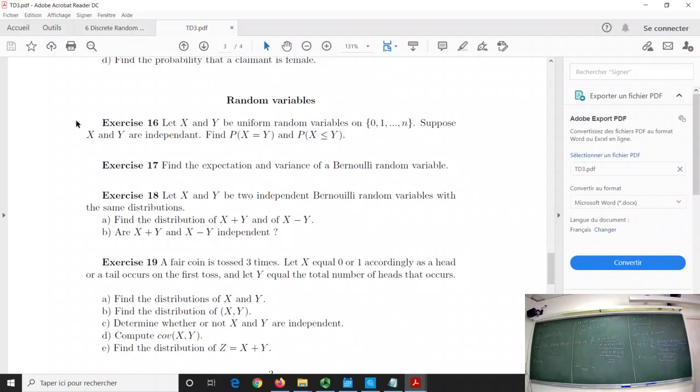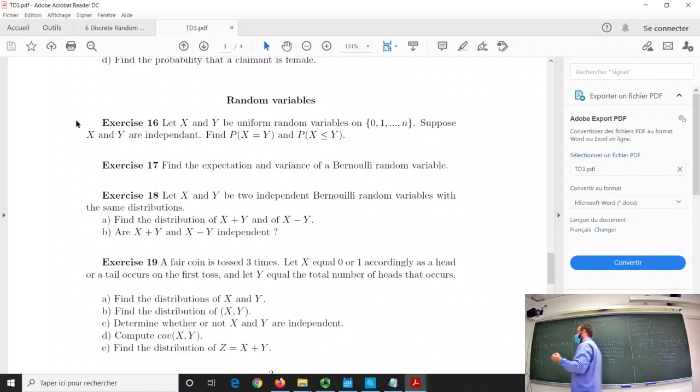It can be 0, 1, 2, until k. How many possibilities? k plus 1. I have the first k plus 1 numbers that satisfy this condition. And what is the probability of each number to occur? 1 over n plus 1.